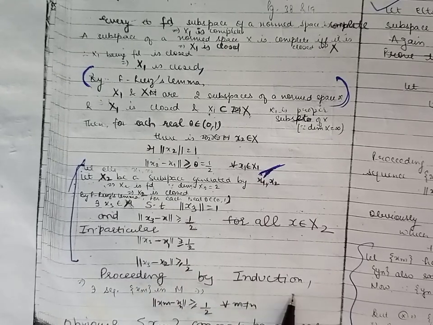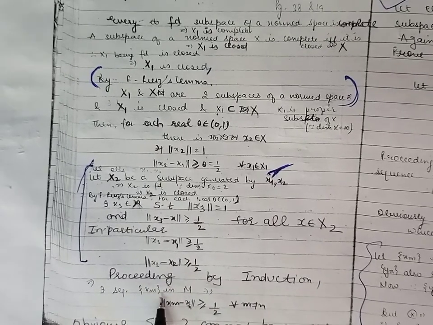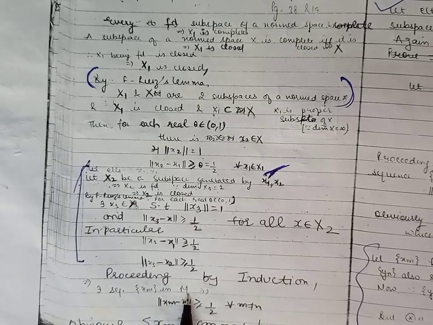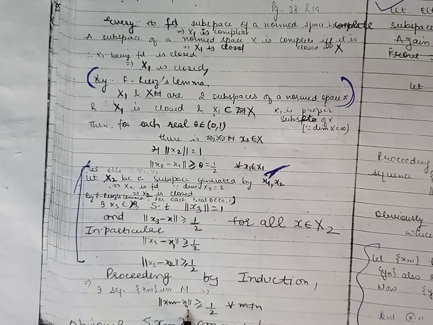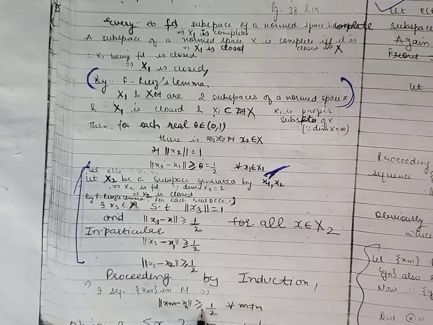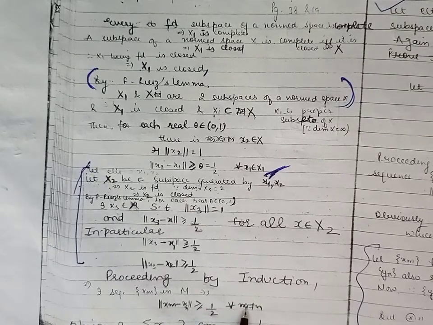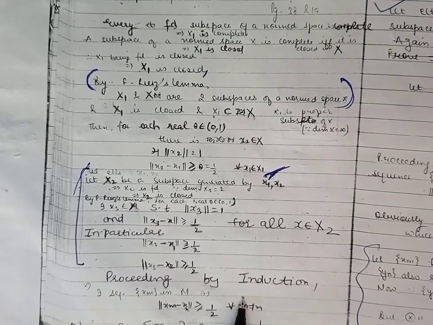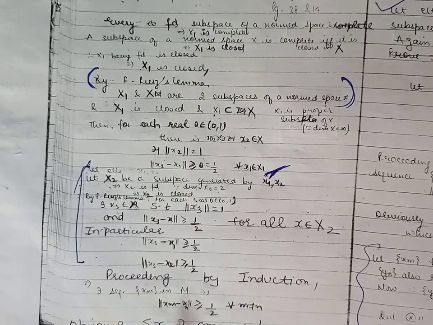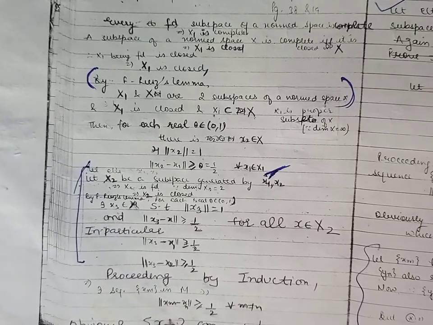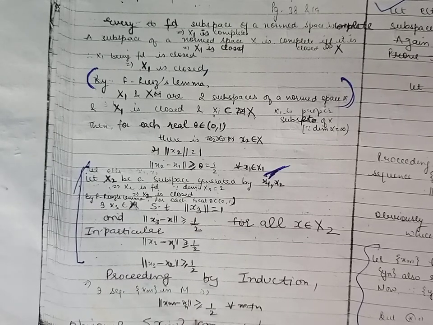Now proceeding by induction, we get a sequence xm in the unit ball such that the norm of xm minus xn is greater than or equal to 1 by 2 for every m and n which are different. Obviously the sequence cannot have a convergent subsequence, but that gives us a contradiction to the compactness of the closed unit ball.